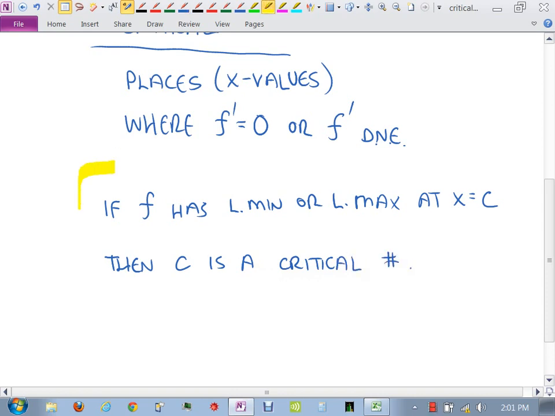And that's kind of a big deal. Another way you could read that is if f has a local max or min at some value c, then the derivative is either 0 there or it doesn't exist. Right? Either your derivative is 0 or it doesn't exist.